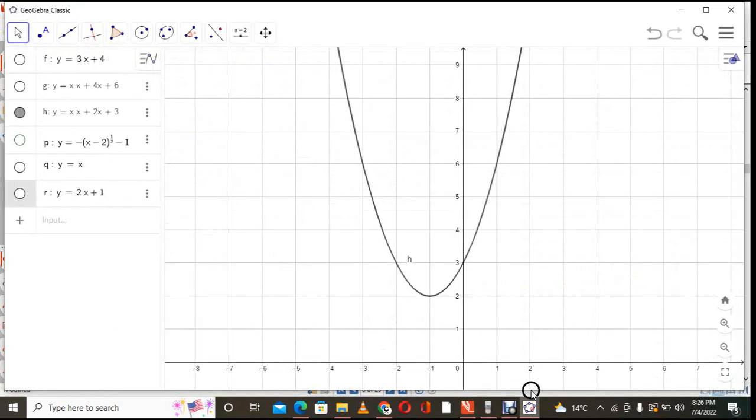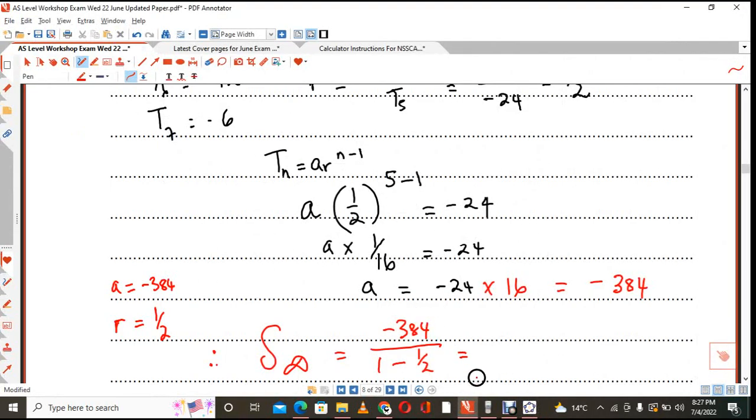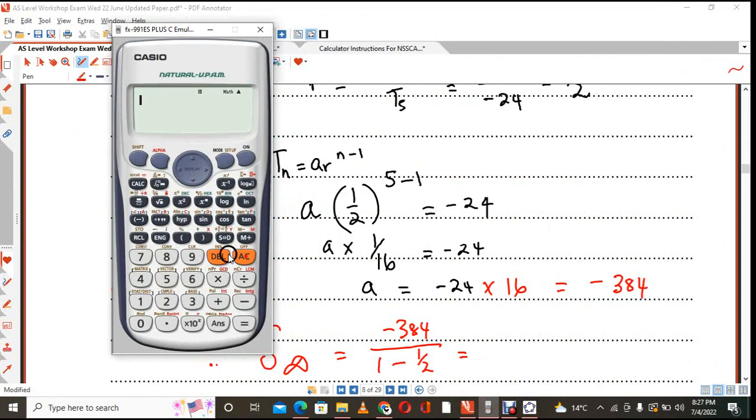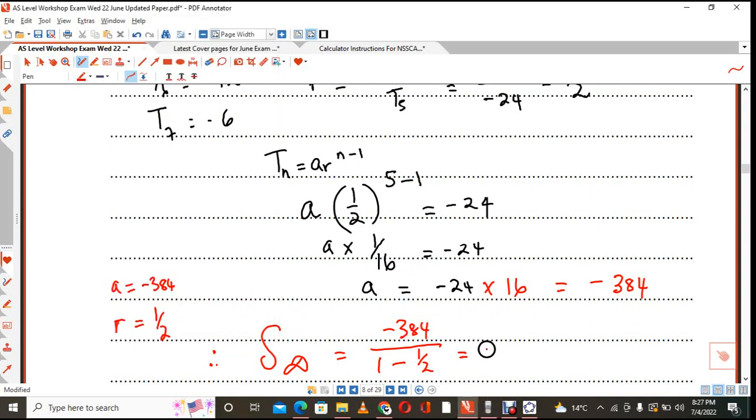Okay, so let's just punch it in. Grab my calculator. So it is negative 384 over 1 minus a half, which is just a half. You agree? That gives you minus 768.